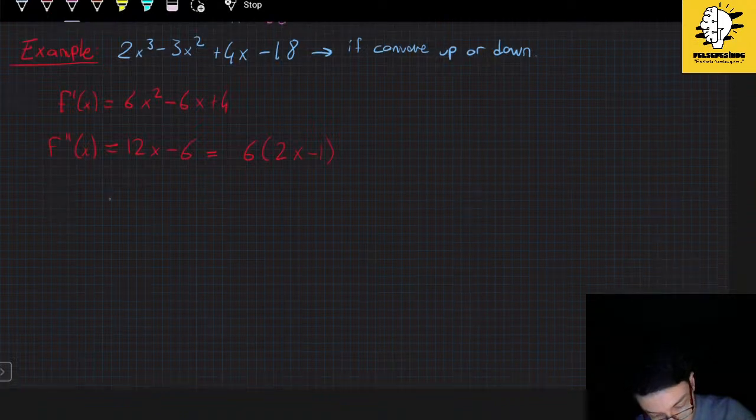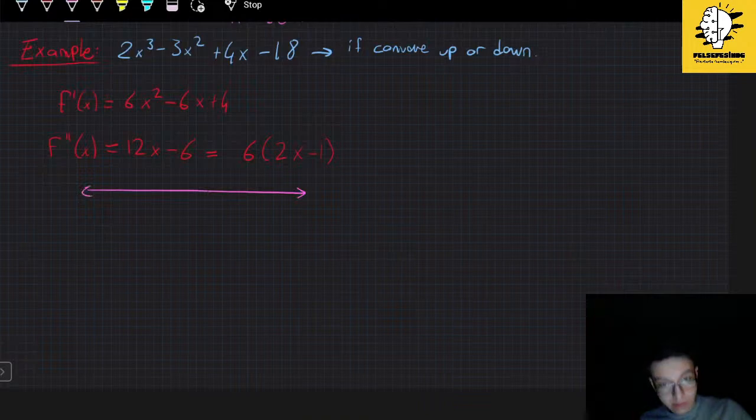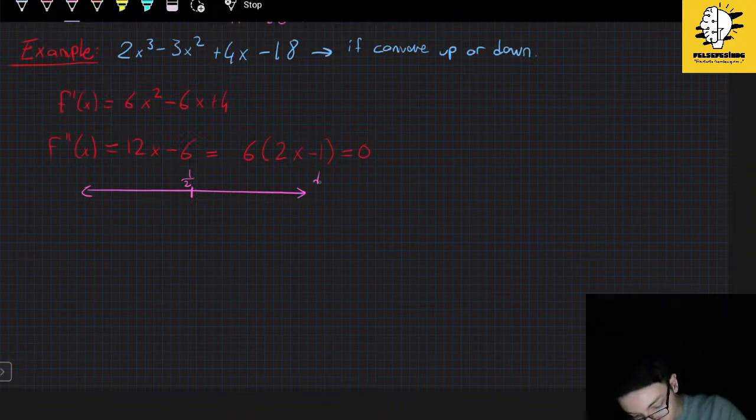Let's draw a sign diagram just like this. And when is it equal to 0? Let's find it. 1/2, right? At 1/2. Now, what I suggest is that this is for d square y over dx square, by the way.